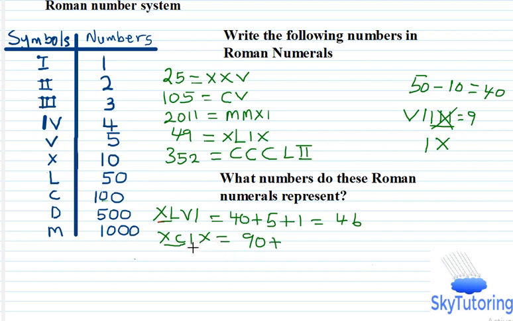Okay, so another scenario again, IX. We have 1 and 10. 1 is smaller than 10, so we'll subtract 1 from 10, which will give us 9. All right, so 90 plus 9 is equal to 99. All right, so this is how we deal with Roman numerals. If you understand these few concepts, you should be okay with the Roman number system.